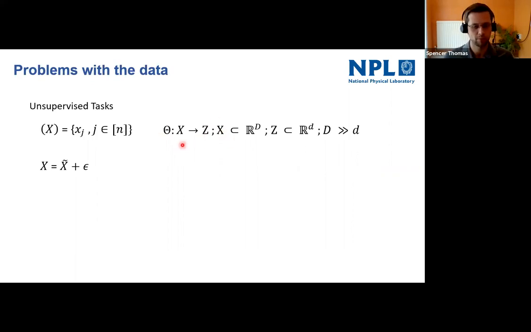So we want to obtain this mapping, but this observed data X is actually a combination of the true data, the real data, and then some uncertainty associated with it, epsilon. Depending on the context that comes from, this epsilon might be very well understood, it might be poorly understood, it might have multiple sources that relate to the instrumentation, the statistical properties of things, and many other aspects.